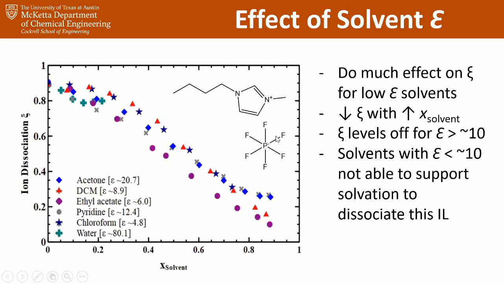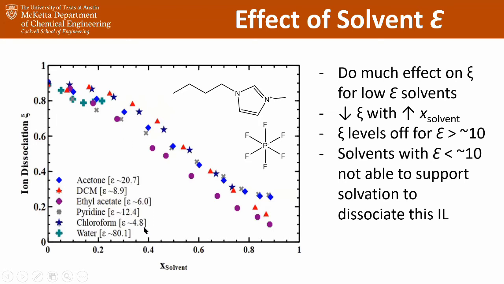So here's our BMIM PF6 in a series of different solvents with a wide range of dielectric constants. And you can see that all of these, except for water, right? So water's just got a few data points over here in the concentrated IL region. But that one looks like it's going to be staying highly dissociated, which is what we'd expect.